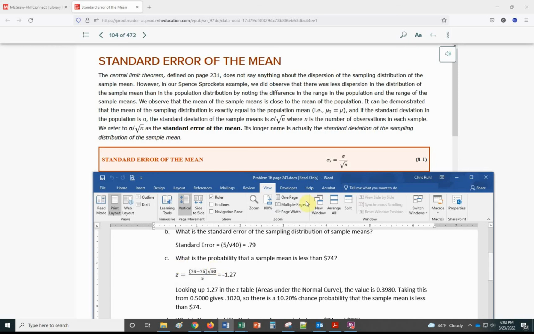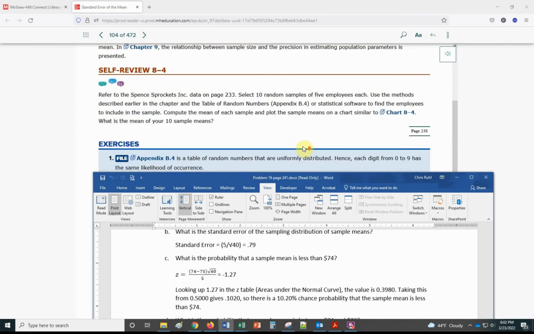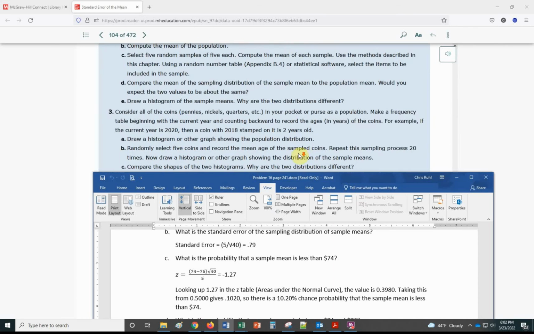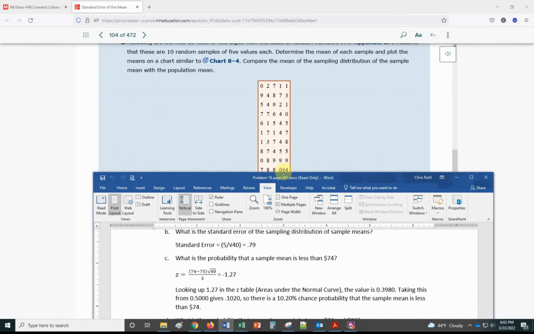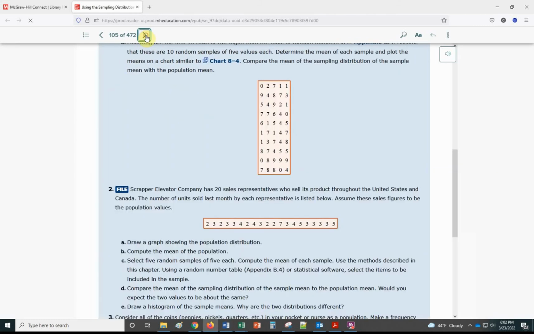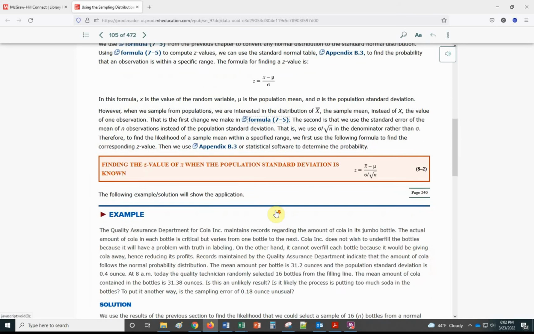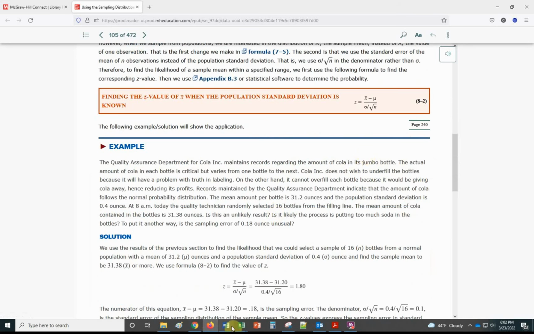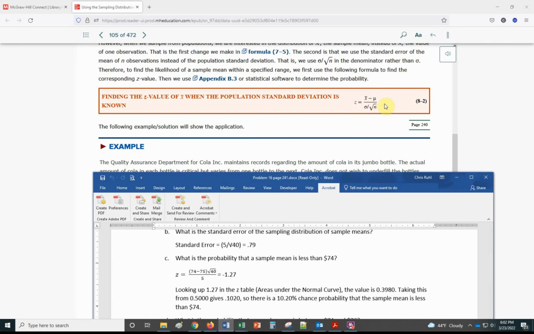mathematically, you can convert, and let me pull it back up here. You can take, where'd the formula go? This formula, you can take this formula right here and take just this part, the square root of n, and put it up here.